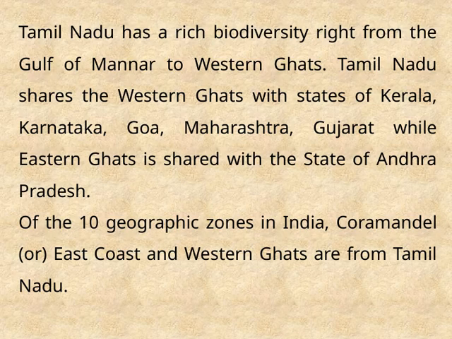These zones are crucial because they shape the region's climate, agriculture, and biodiversity. Understanding these geographical features helps us appreciate how Tamil Nadu's rich natural landscape contributes to the overall ecological wealth of India. This connection between geography and biodiversity is fundamental to our overall discussion on conservation and sustainable development.